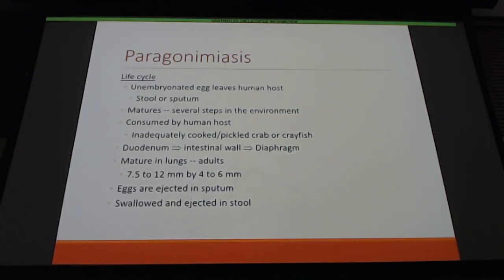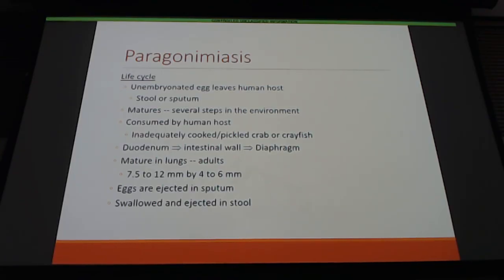So remember, this one breaks out of our intestinal tract and migrates up into the lungs. And during that migratory phase is when your eosinophilia will be kicking in. Okay? And here it tells you 7.5 to 12 millimeters by 4 to 6 millimeters. That's like 0.3 inches by 0.5 inches or so. Okay?